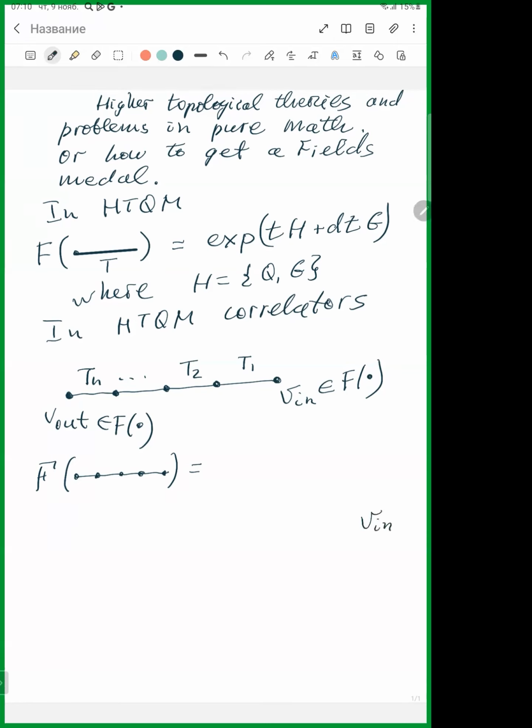I start with V in. And then I have here exponent T1H plus DT1G. Now, what do I associate to the point?